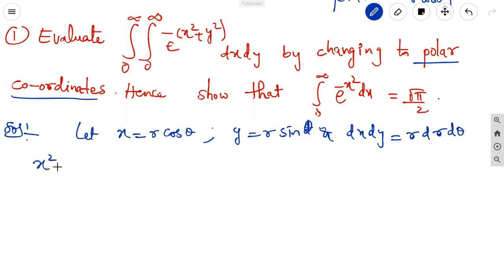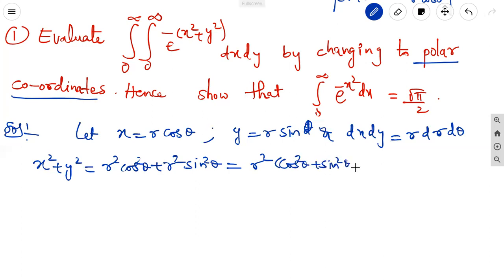And x square plus y square equals r square cos square theta plus r square sin square theta, equal to r square times cos square theta plus sin square theta. By the identity, this is equal to r square. So x square plus y square is equal to r square. The double integral changes into polar form: e power minus r square, and in place of dx dy we have r dr d theta.